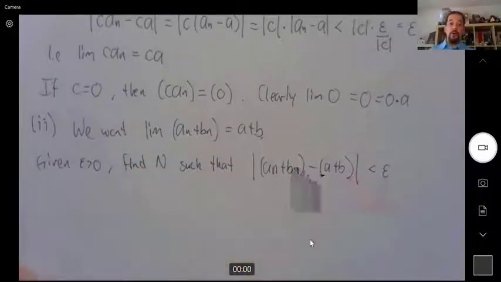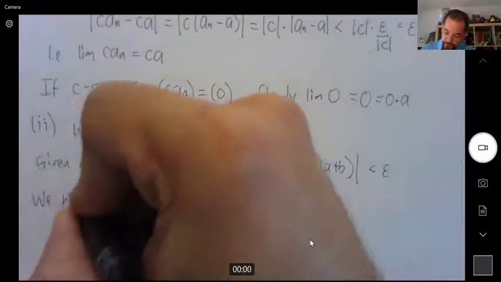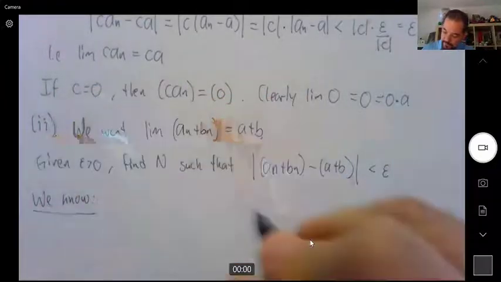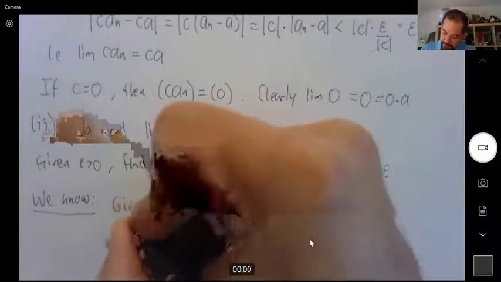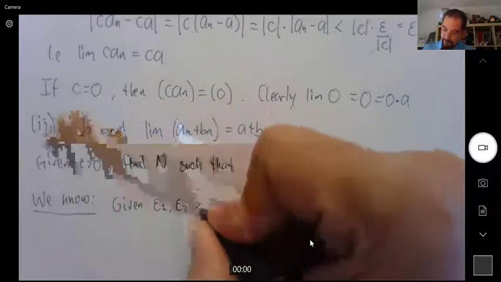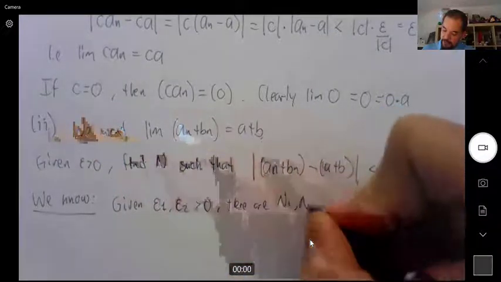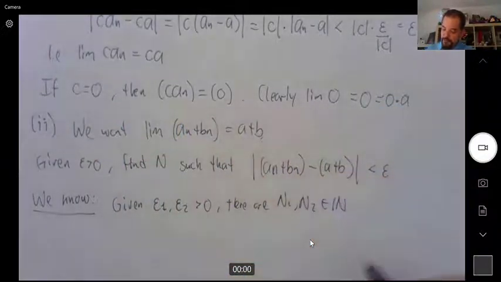And this is what we want. And now, what do we know? Let's write what we know. We know, given, let me give different names, epsilon 1 and epsilon 2, there are N1 and N2 natural numbers. I'm doing 2 because we have the limit of the a's and the limit of the b's.